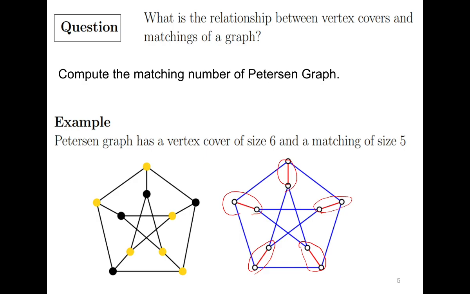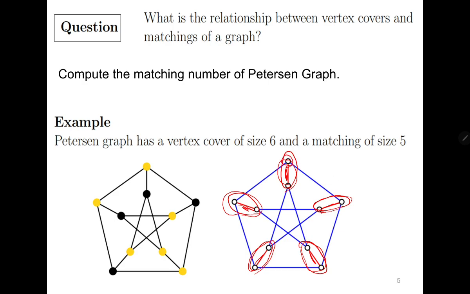An interesting observation here is that in a matching, all edges are independent. Each edge has 2 endpoints and there are no endpoints in common. It means that to find a vertex cover we need at least these 5 vertices, not exactly the same ones, but at least 5 vertices, otherwise these 5 edges would not be covered.